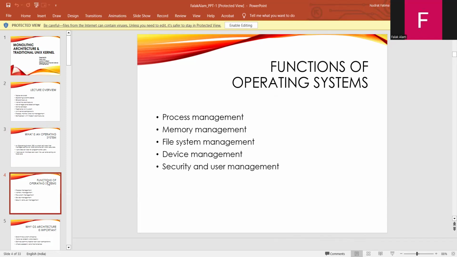The operating system manages these multiple processes simultaneously, since it is possible that many programs, many processes, are working continuously.